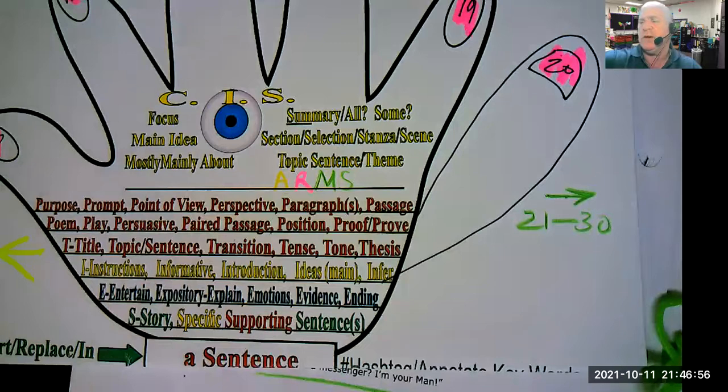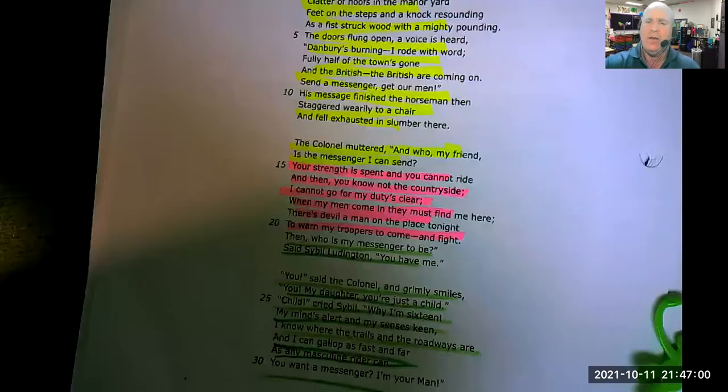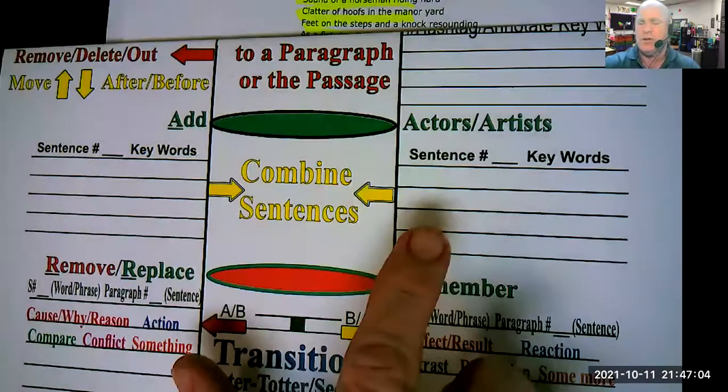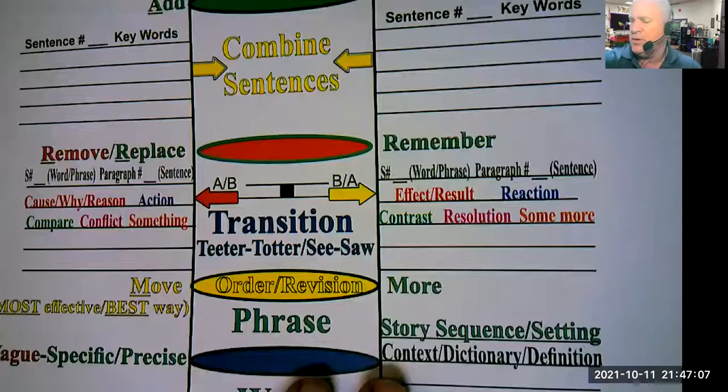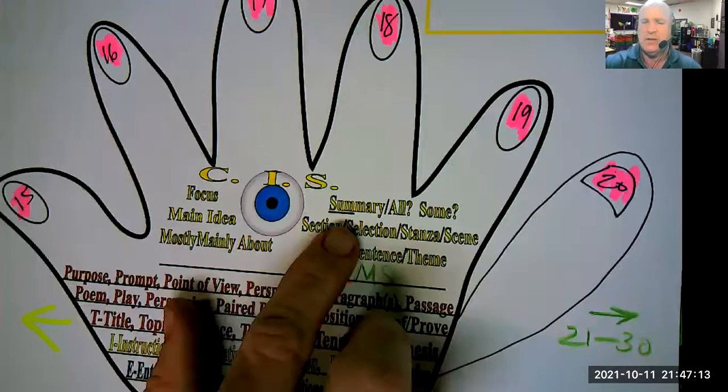Okay, so on the bottom of the read-vising, it does say that on the arm, actors remember more story sequence, more setting, more, what else did we say? More sections, summaries, selections, stanza, scene.